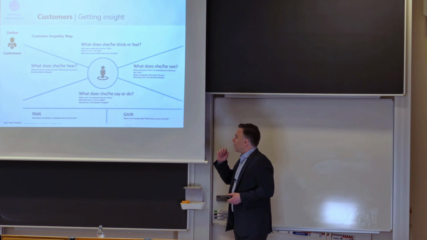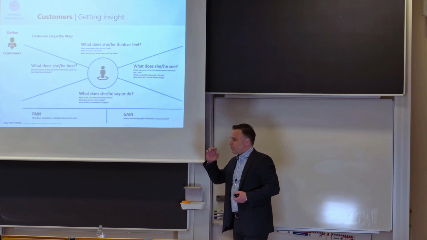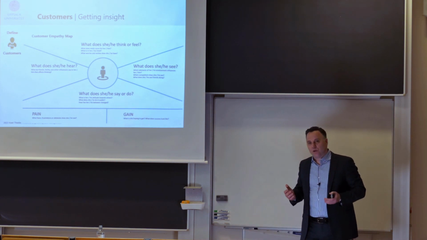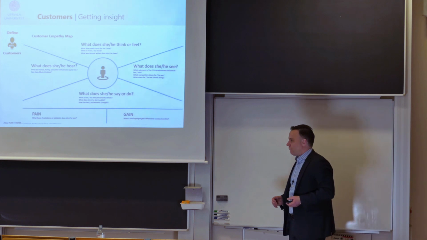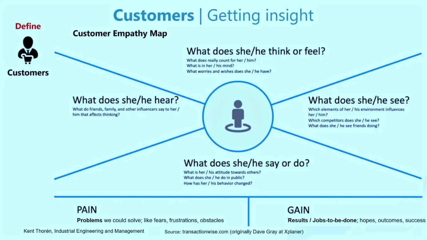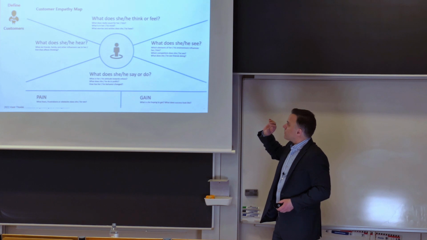And one way to capture and organize all this information, and ask at least a minimum of questions so we get a fairly full picture, is to use the customer empathy map. As is often the case with very nice canvases, it's a categorization scheme. So what does he or she think or feel? What does he or she see? What do they hear?